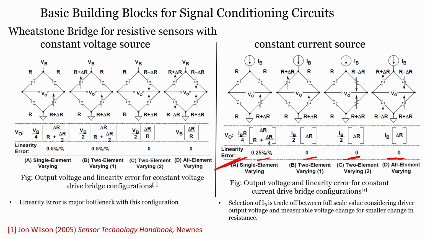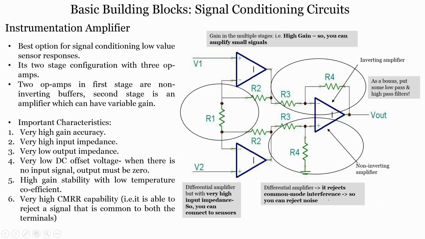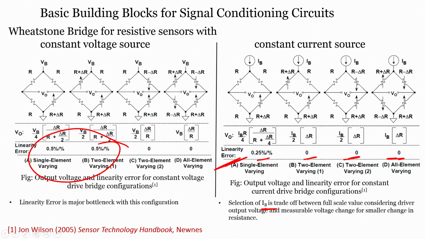For the constant voltage source we can see that linearity error is a major bottleneck with this configuration, while in the case of constant current source, what we find is that the selection of IB is a trade-off between the full scale value, considering the driver output voltage, and the measurable output change for a small change in resistance. That is another thing that we need to take care of when designing signal conditioning circuits.